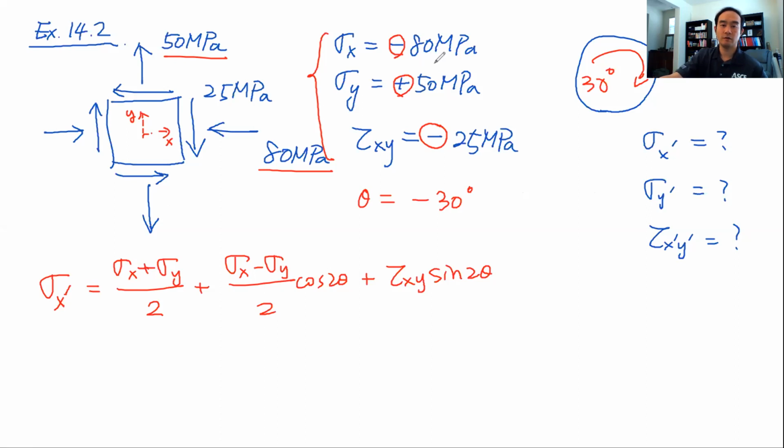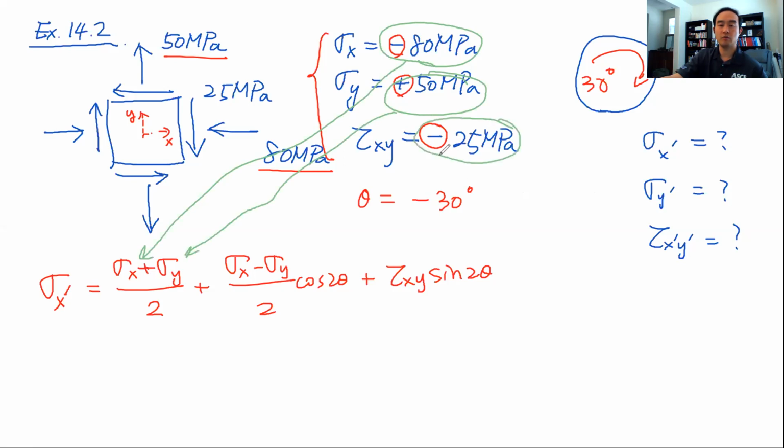We'll just plug all these numbers into the equation. Sigma x is negative 80 megapascal, sigma y is positive 50 megapascal, tau xy is negative 25 megapascal, and theta is negative 30.